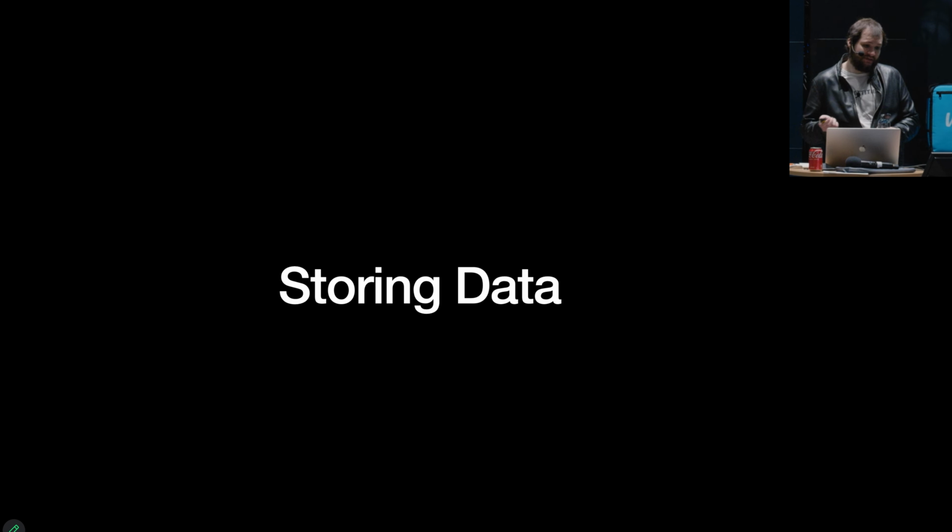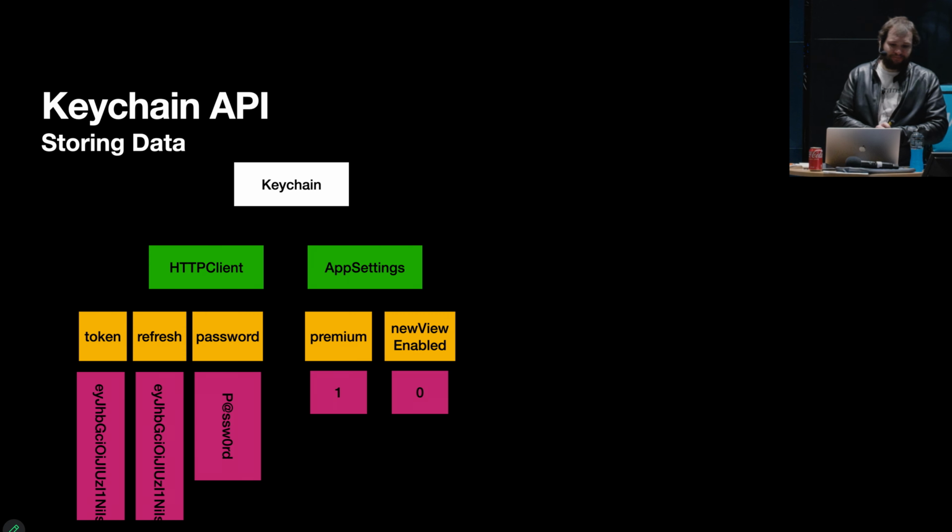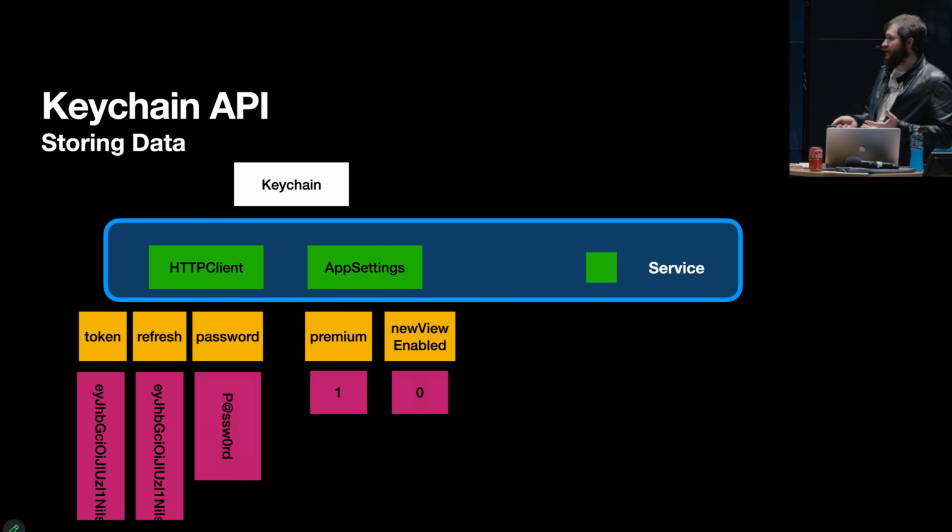And now let's store some data. So the API of the data storage, the architecture looks something like that. You have the keychain, and you might have multiple services, like HTTP client or app settings.